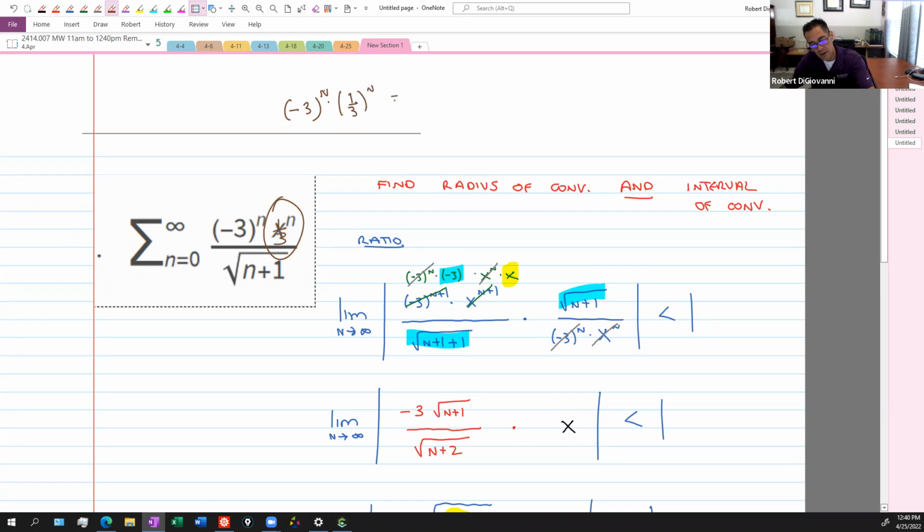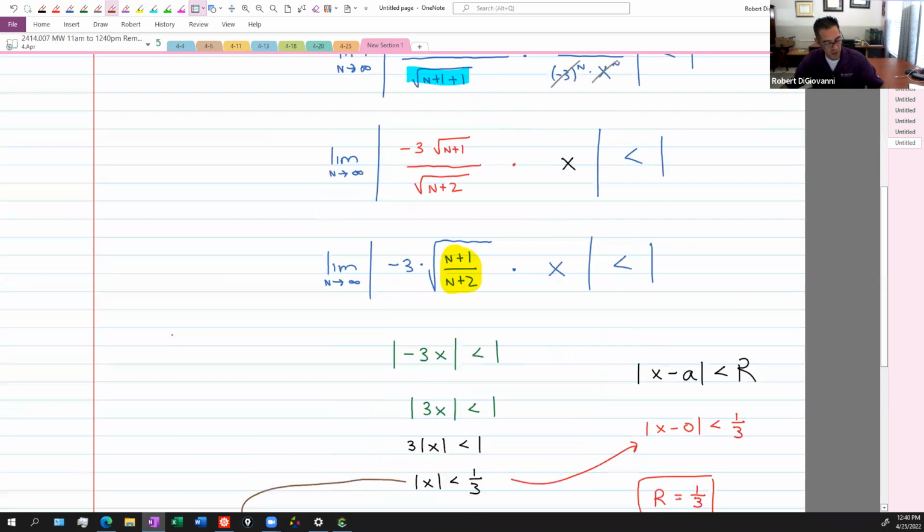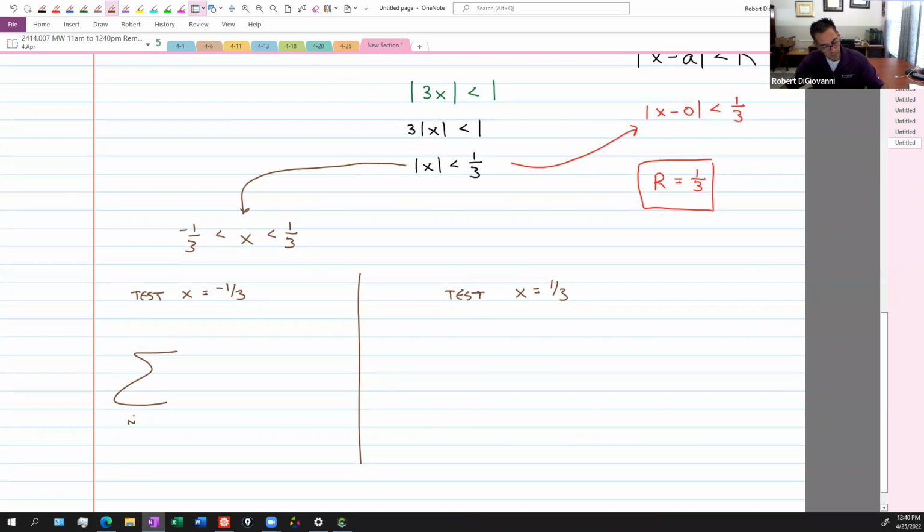So you could rewrite this as -3 times 1/3 to the n, which is the same as -1 to the n. So essentially it turns into -1 to the n over square root of n plus 1. And now you've got to figure out how you're going to determine whether or not that converges or diverges. I have to leave that to you.